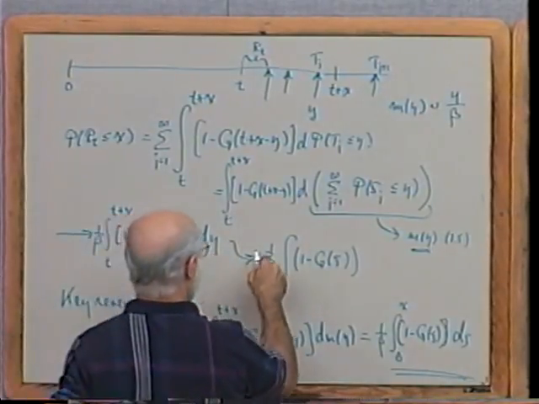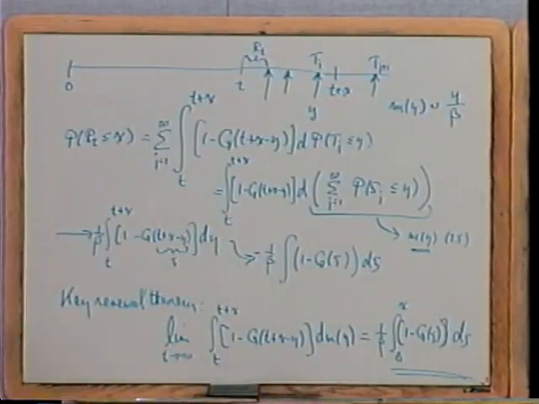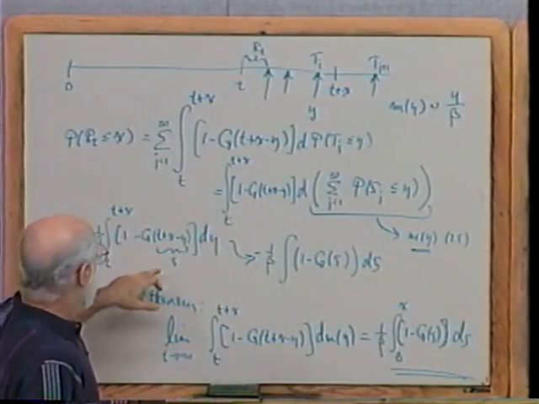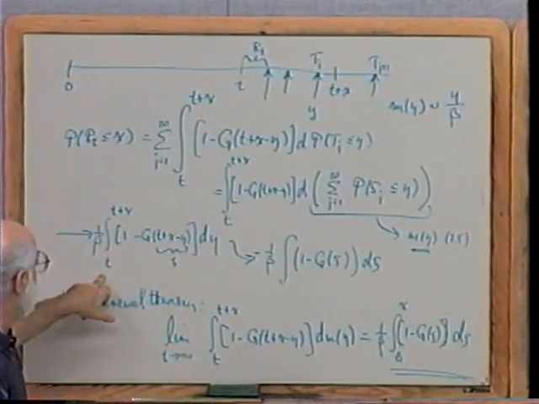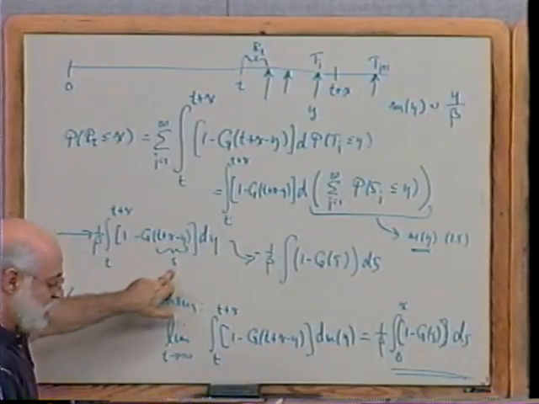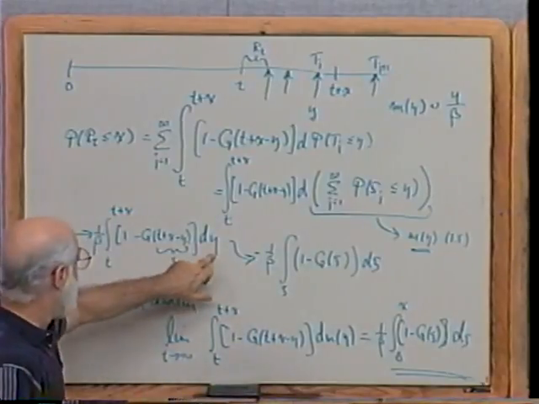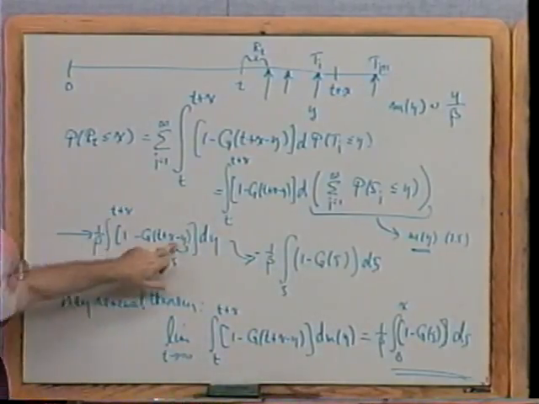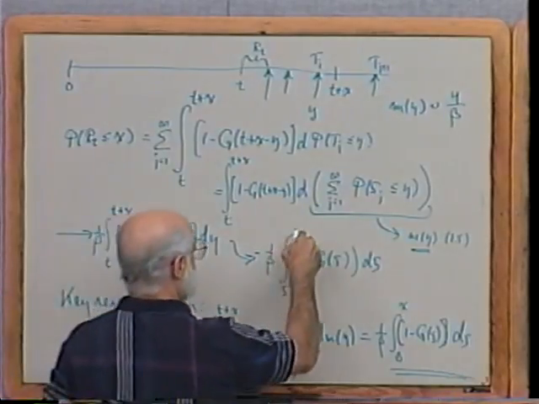So that's going to give me a minus sign here and a dc there. Now when y is equal to t, then t plus x minus y is equal to c. And when y is equal to t plus x, then t plus x minus y is equal to 0.